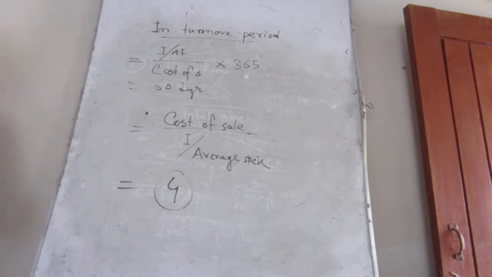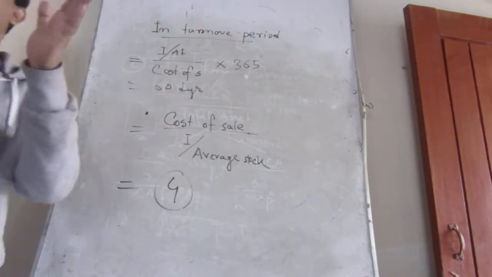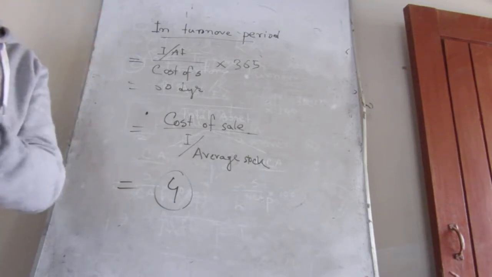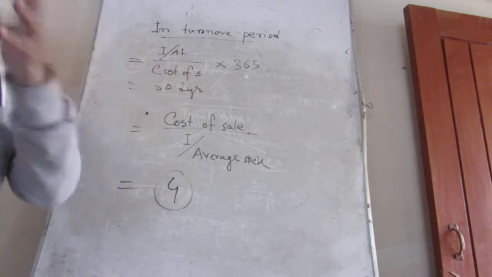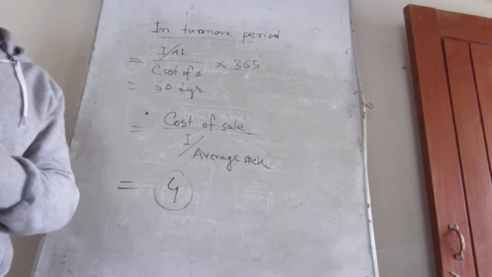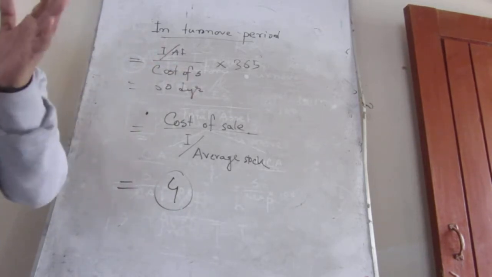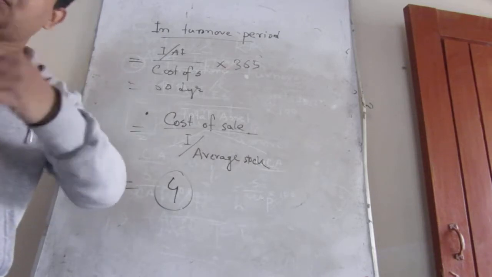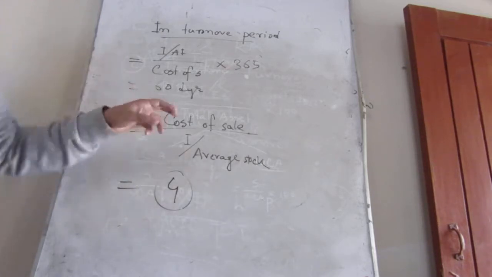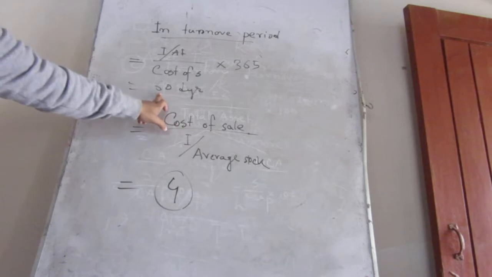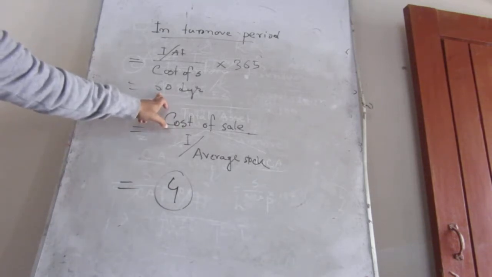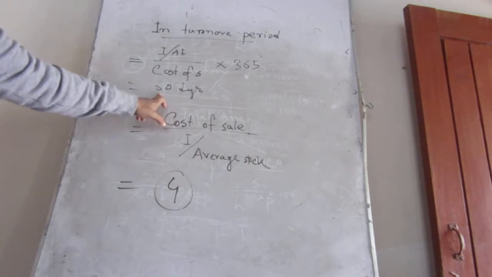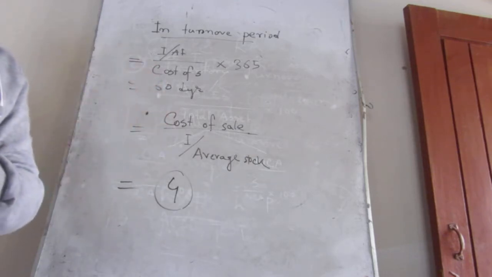Inventory turnover period means average number of days required by the business organization to process the raw material and convert into finished goods. That means how many days on average you are requiring to process your raw material into finished goods. So 60 days means on an average to process the raw material to convert it into finished goods, your company is requiring 60 days. Right?